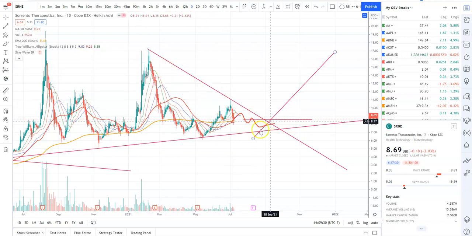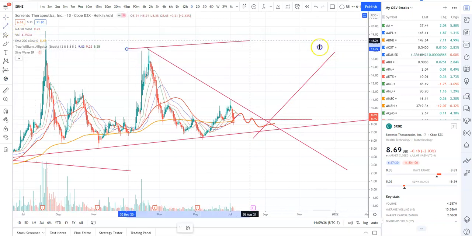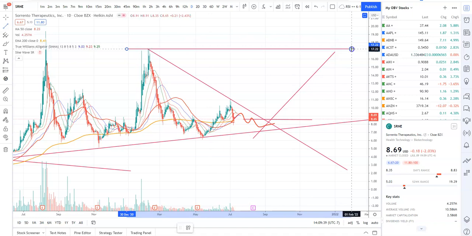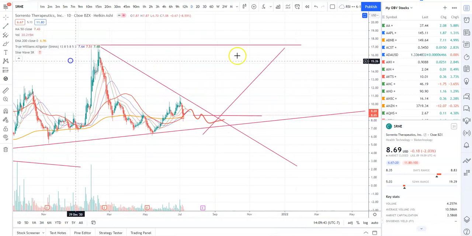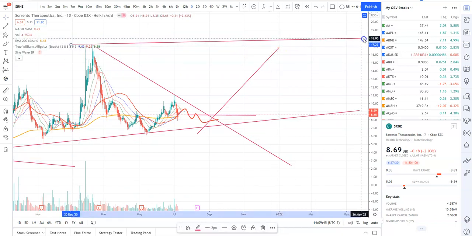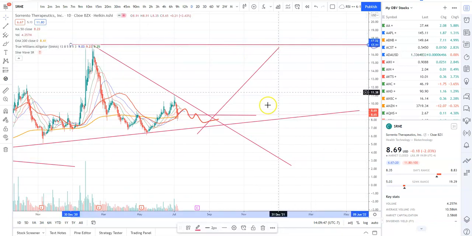You're getting them at lower prices and looking for momentum all the way back up to potential resistance levels, which here in Sorrento would obviously be around the 17 area. Looks like pretty darn strong resistance up in those regions, but again, that's a nice 100% plus gainer from these levels.